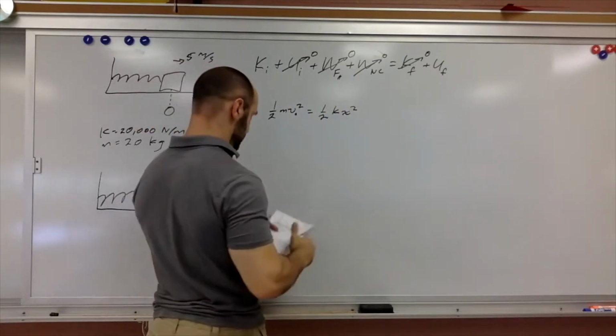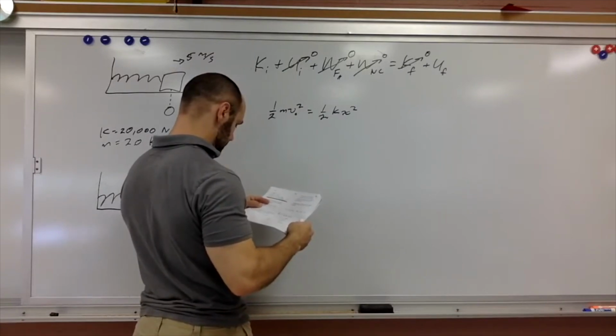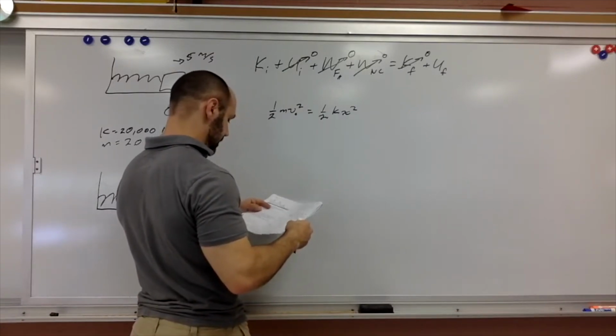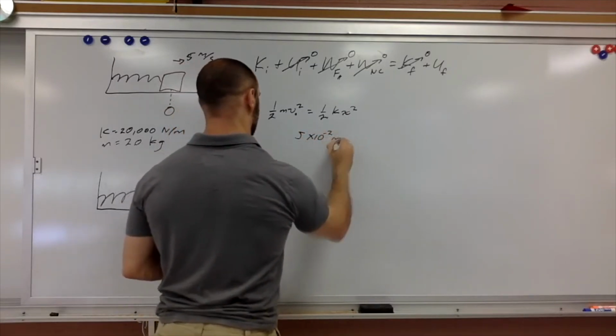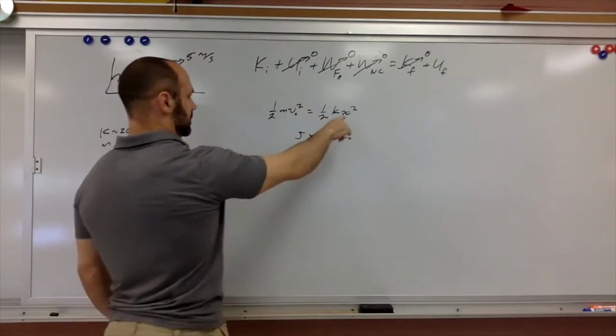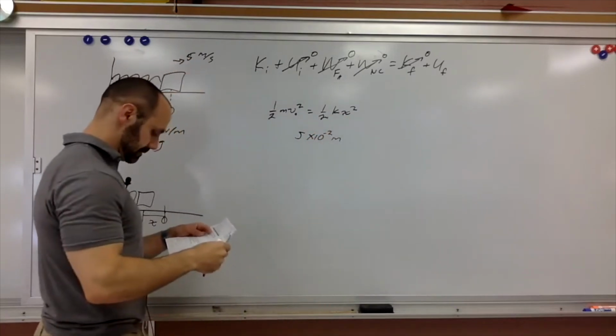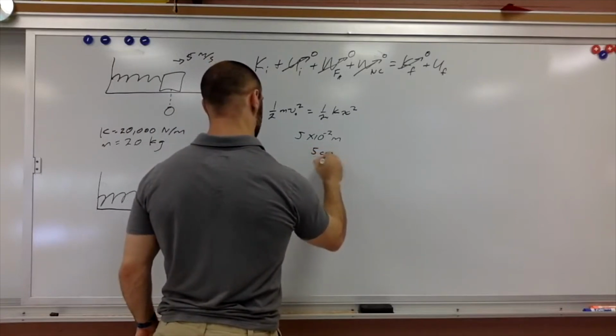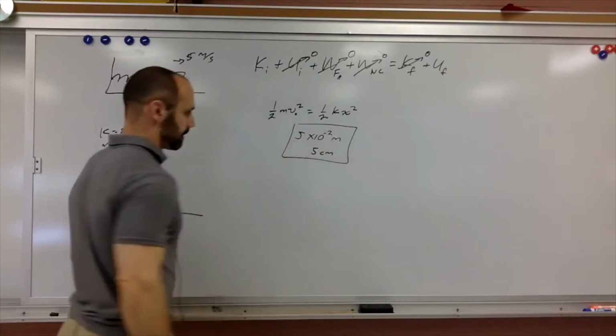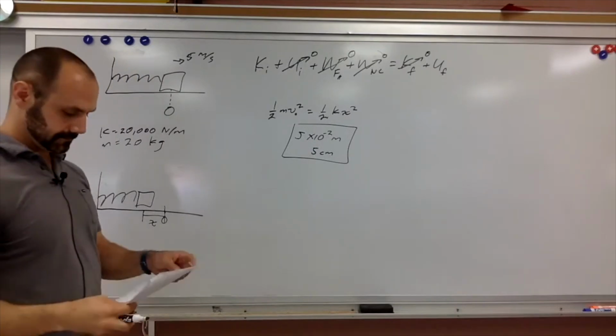Now I'm just going to solve for x. Here what we end up with is 5 times 10 to the negative 2 meters. When you do the algebra and solve for x, you should get that, which is really 5 centimeters. You can give your answer either way.